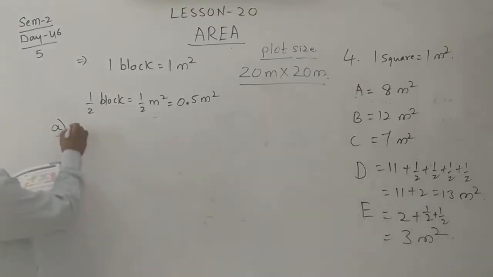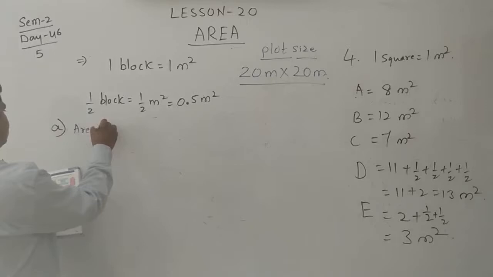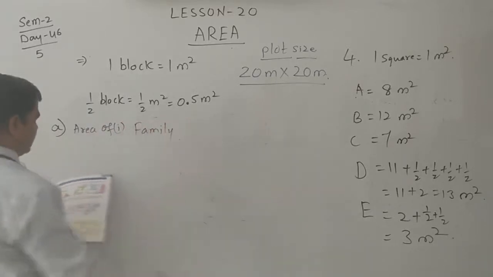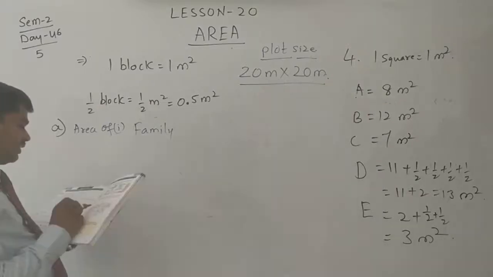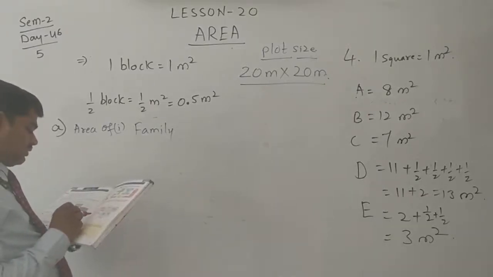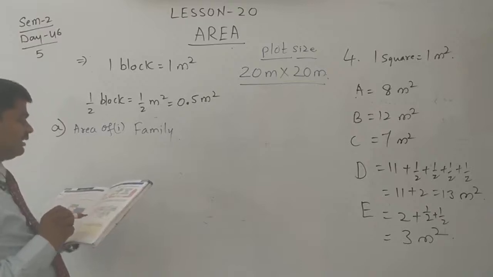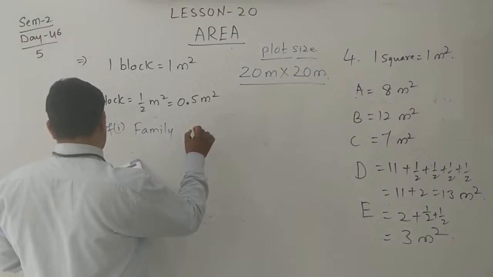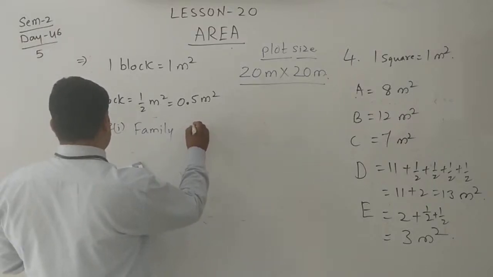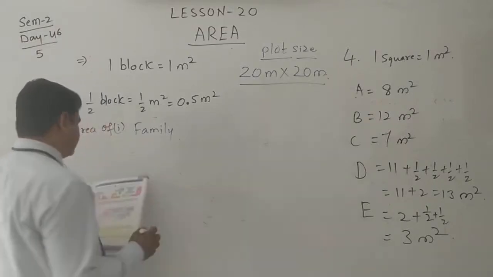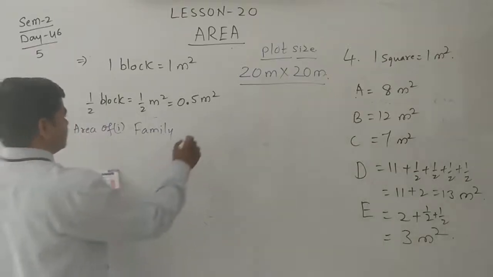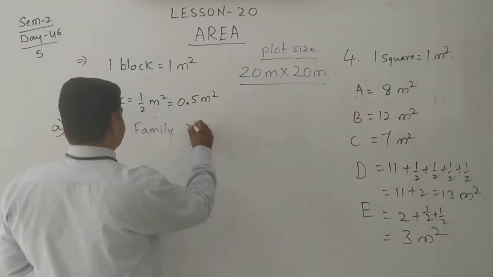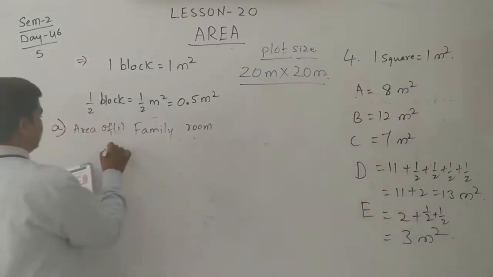First one, area of family room. Textbook open. Observe the family room. 1, 2, 3, 4 and 1, 2, 3, 4, 5, 6. Then 4 columns, 6 rows, means it is length and breadth. By using the formula we can find.